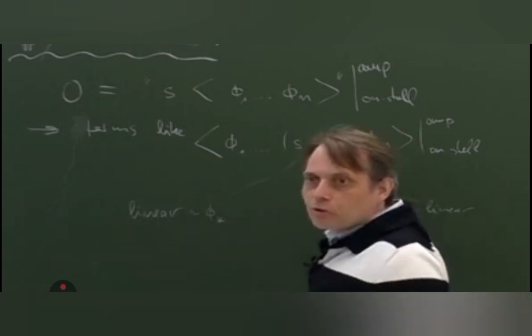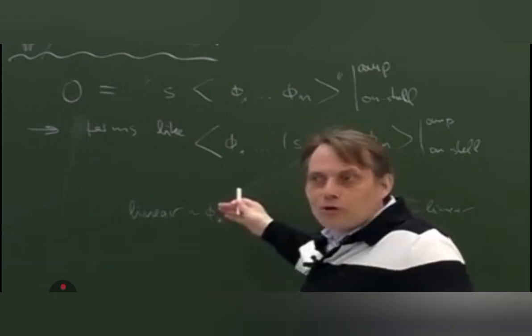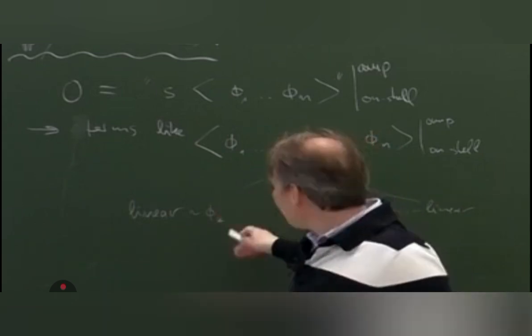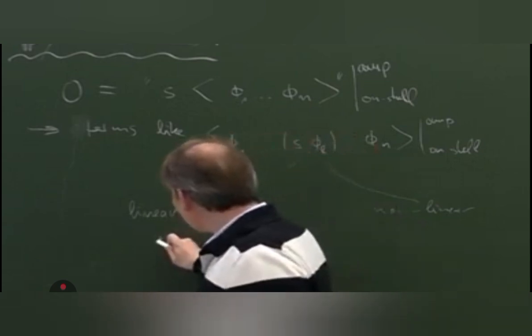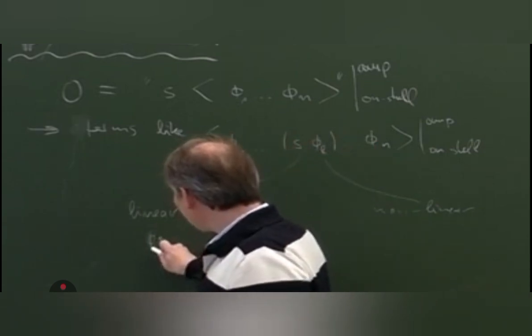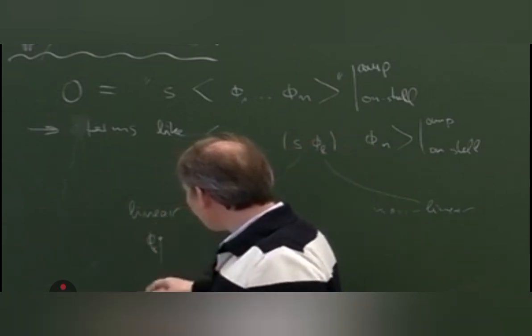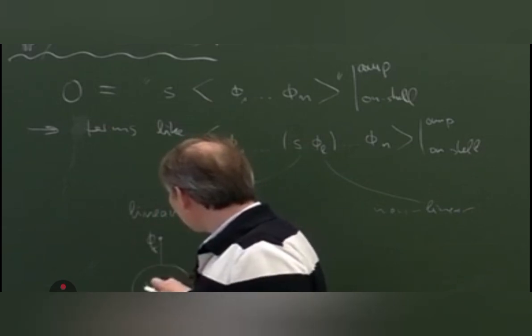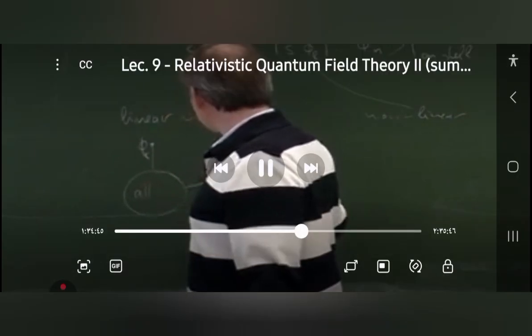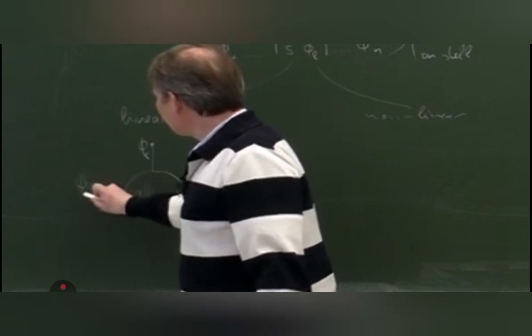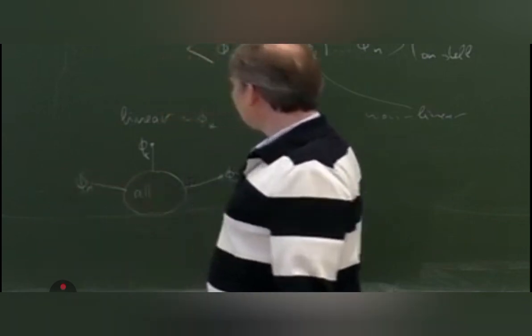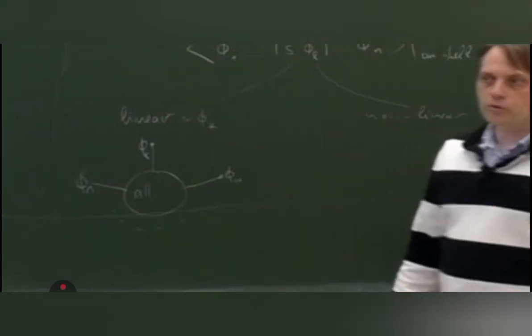So that is just an ordinary green function with an external field phi k. Therefore, it looks like this. Here we have phi k, then it goes on in the normal way. Then we have all kinds of Feynman diagrams, and then we have all the other fields. Okay. So this is an ordinary green function with lots of external fields.